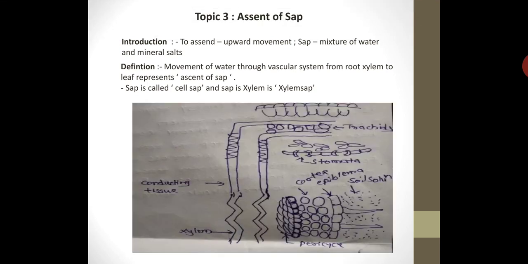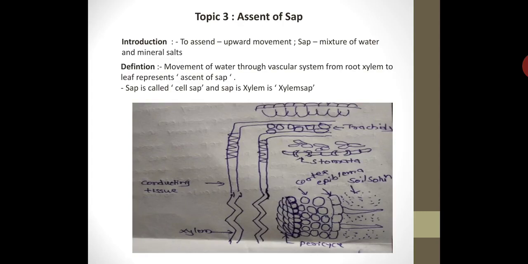Look at this figure. Here, root hairs are shown, which are directly in contact with the soil solution. In the last chapter, we studied how the water enters from the root hair to the epiblema, then cortical cells, endodermis, pericycle, and finally reaches the xylem of the root.